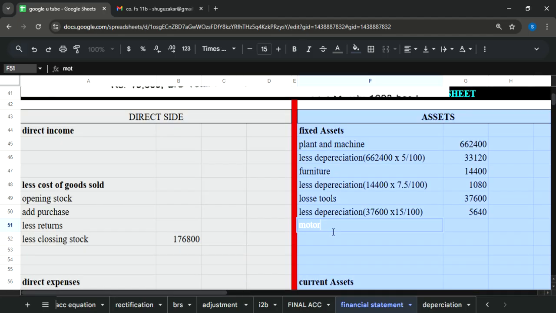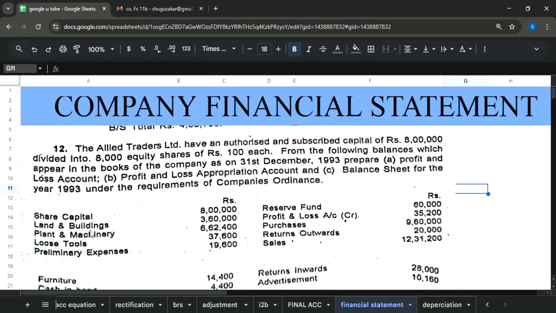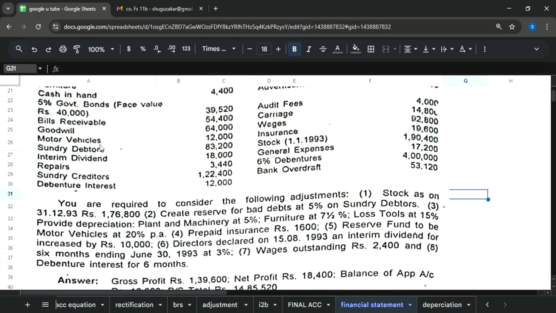So let's see motor vehicles. Amount of motor vehicle is not present over here. Yes, we have got motor vehicle, and most probably it is 12,000. Value 2, 2, 4 and 2, 6.